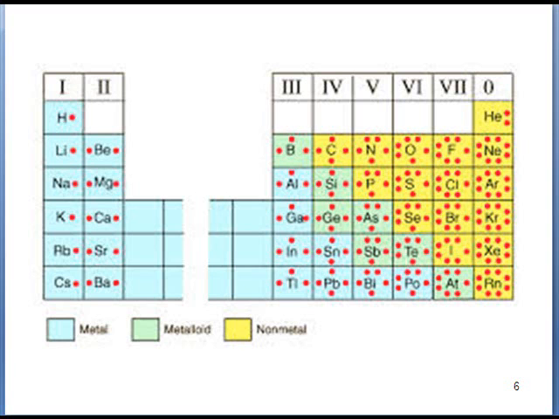We look here at a dot approach to the valence electrons, and once again, in column 1, from hydrogen to cesium, Cs, all have 1 valence electron. You would assume they would all be similar chemically, and they are.